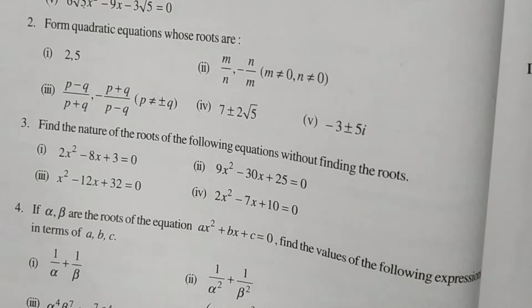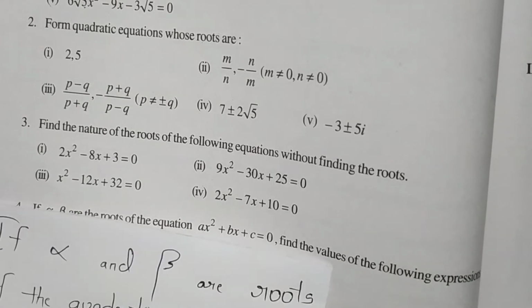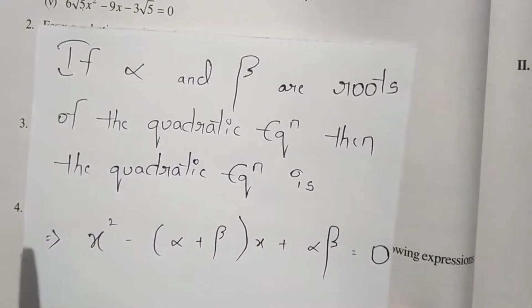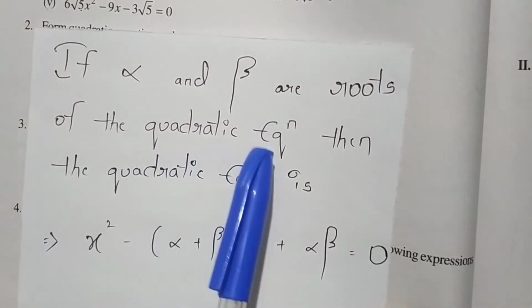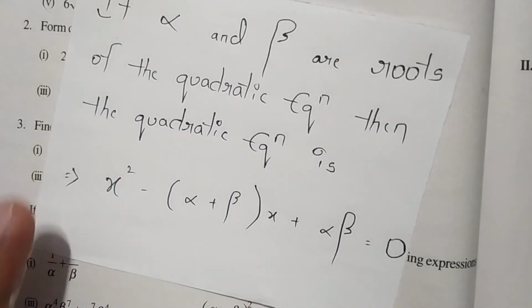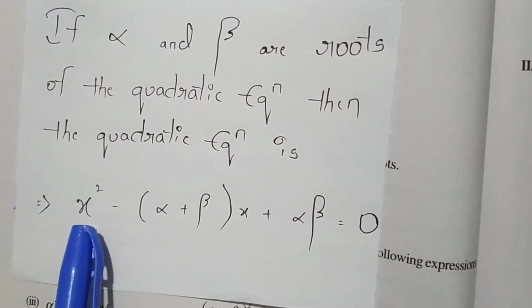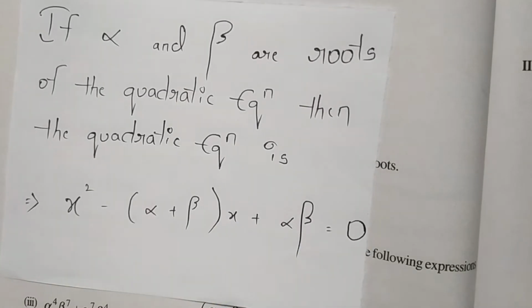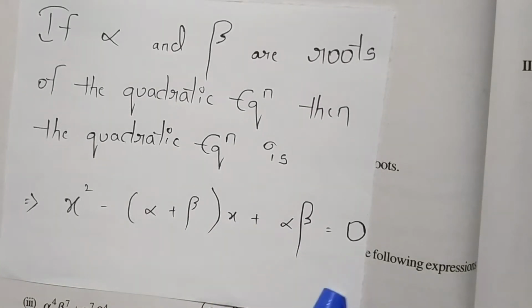The formula we use to find the quadratic equation is: if alpha and beta are the roots of a quadratic equation, then the quadratic equation is x square minus (alpha plus beta) x plus alpha into beta is equal to 0.